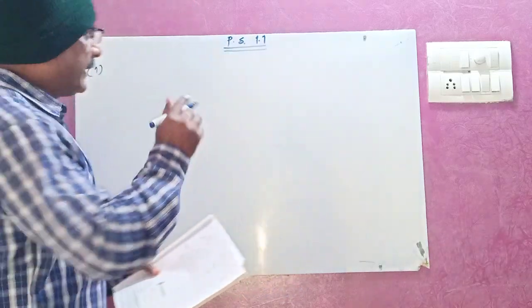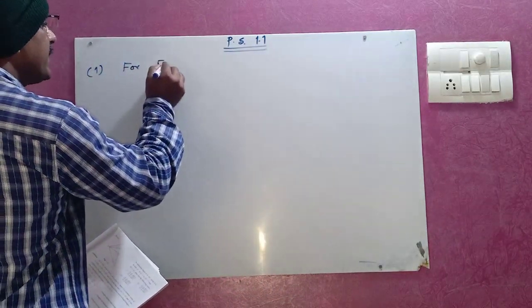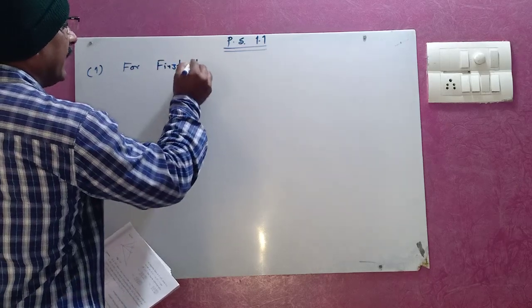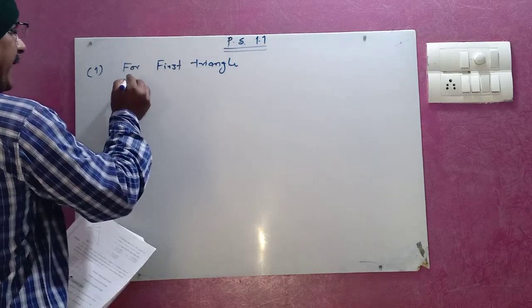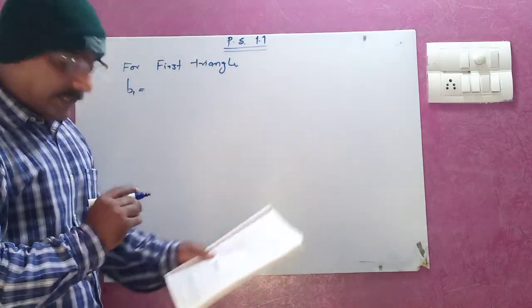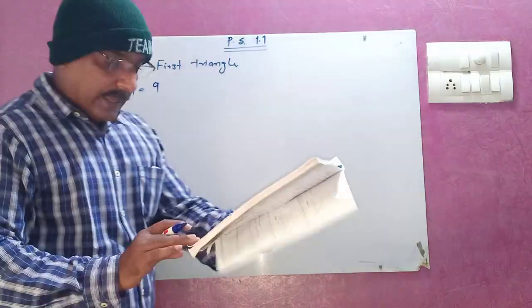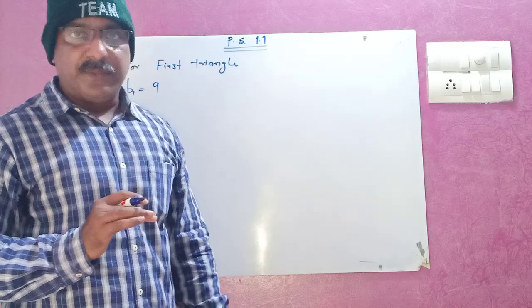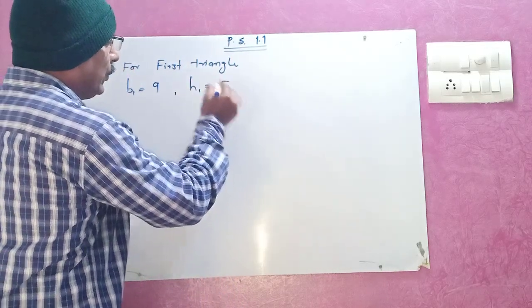So here I am taking the first triangle. Let B1 be the base of the first triangle and it is given as 9. And the height of the first triangle is given as 5. So here h1 is equal to 5.